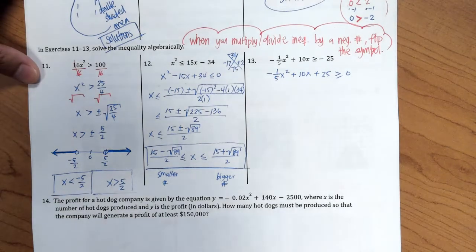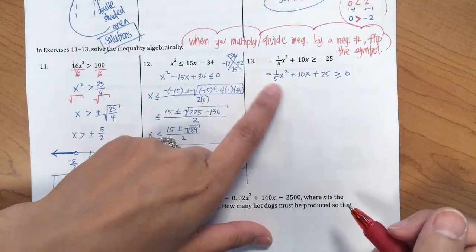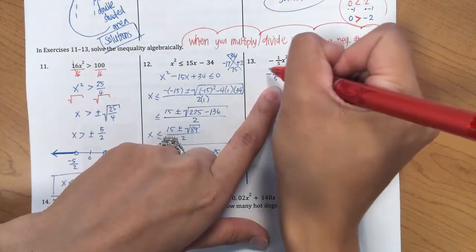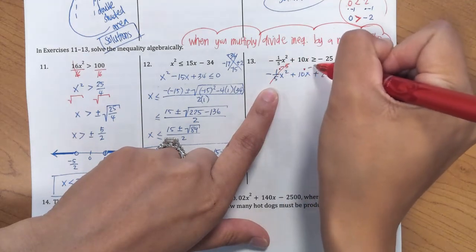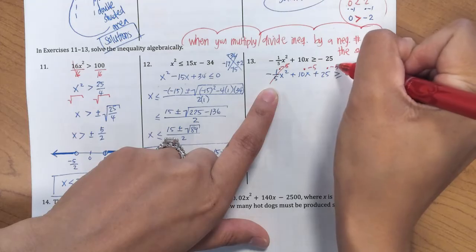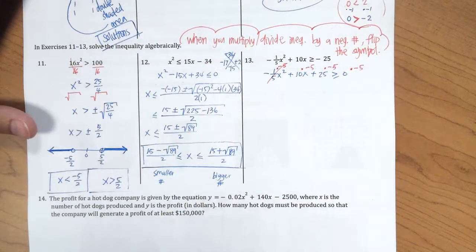Ooh, actually no. Trick question. You guys ready? I'm going to multiply by -5 to get rid of this denominator. Technically this is times -5, but 0 times -5 does nothing.